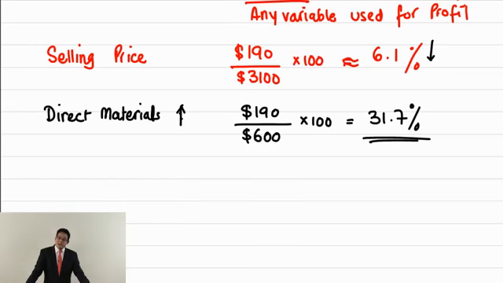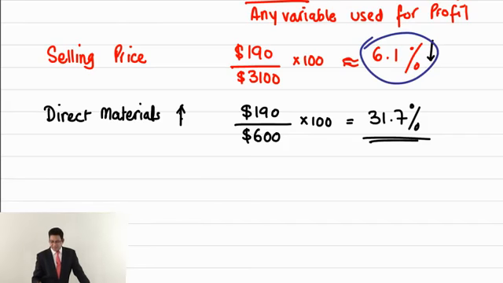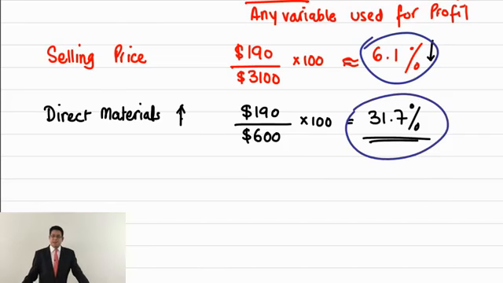Okay, and likewise you can compare it with the labor cost as well, compare it with the variable overheads as well. So comparison is like this. Generally the idea is you can see a smaller percentage, 6.1%, and here you can see a greater percentage, 31.7%. So a smaller percentage reflects greater risk, meaning only a 6% change will make this product unviable, and a 31.7% change will make this product unviable.